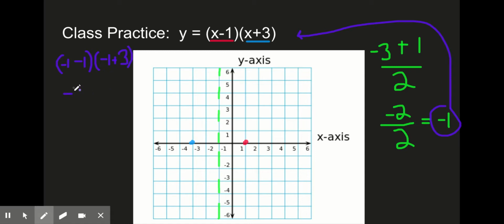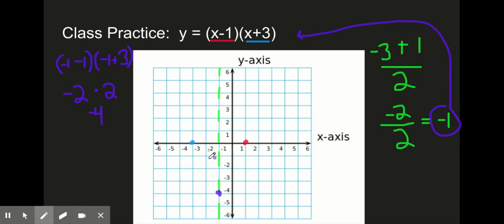So -2 times 2, that's -4. So I can say that on this line, if I go down to -4, there's my vertex.